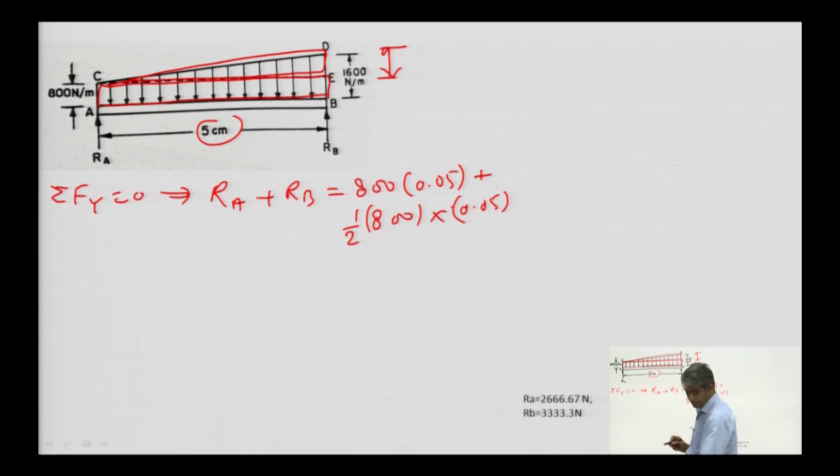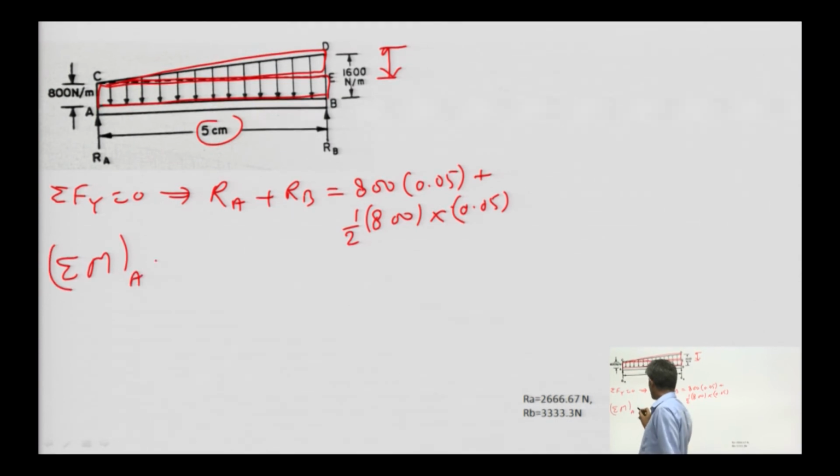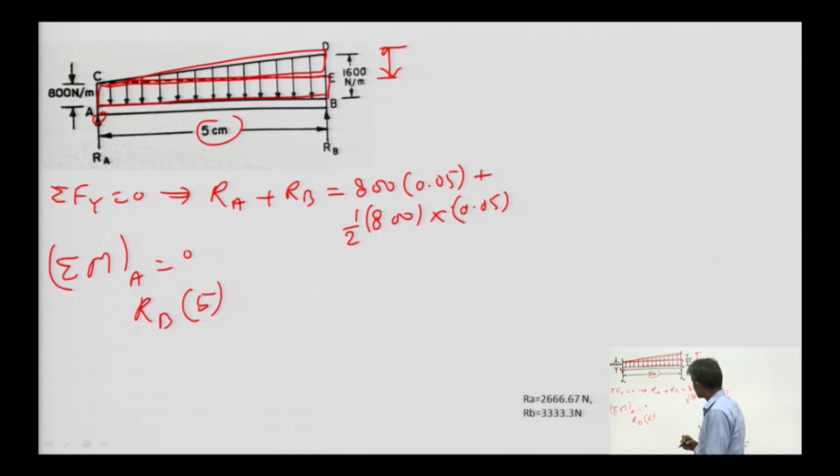After this, apply another equilibrium equation, sigma M about A equals 0. Then RB into this distance 5, RB into 5, anticlockwise. You can take positive or negative, it is your choice. Since in the previous case we have taken it as minus, take it as minus, and the other forces will be taken as positive because they are acting downward.